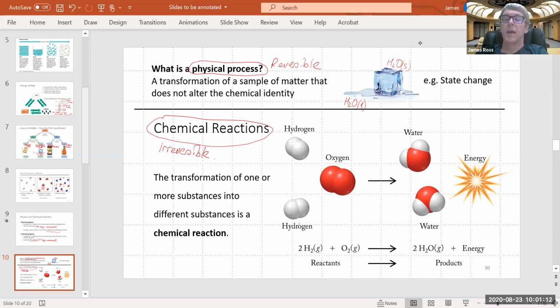So we form water and energy. Now, one of the reasons why this is irreversible, certainly not the only reason, is that energy is hard to keep. Once that energy is released, it's gone. Like, Joe, Betty, did you grab the energy when it came out? If the answer is no, then how are you going to reverse it? Because you need that energy to go back again.